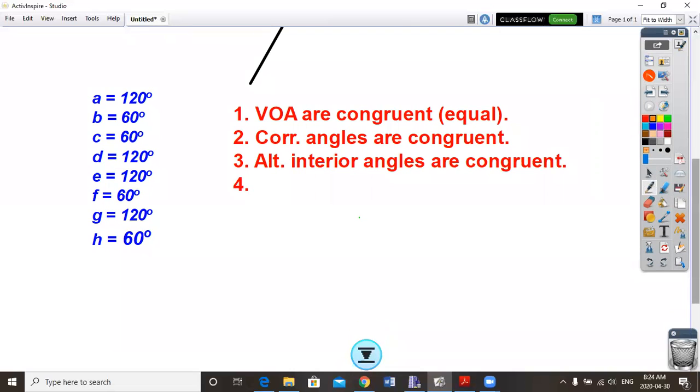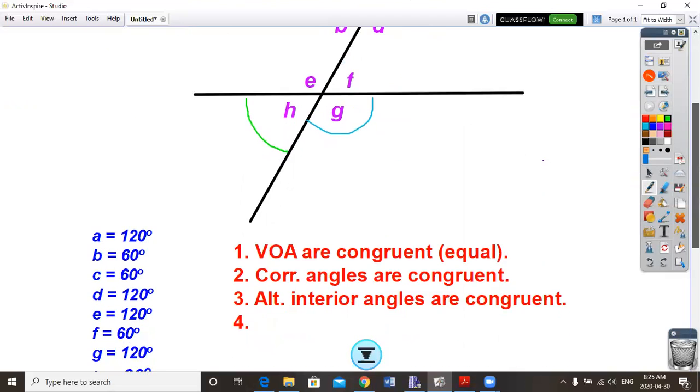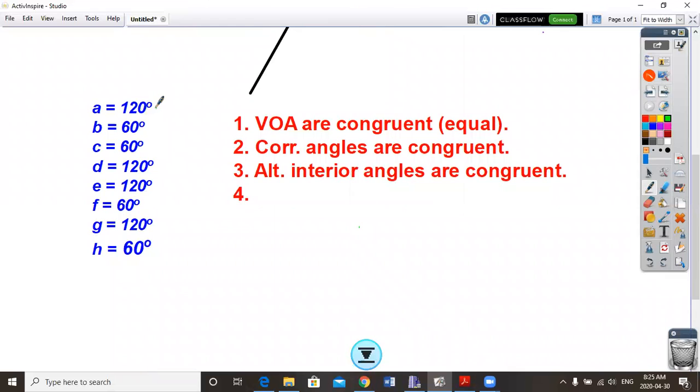So let's take a look now at the last, and those are the alternate exterior. So again, alternate exterior, first of all, have to be exterior angles. So A and C, H and G, they're exterior, and they have to be on either side of the transversal. So C is an alternate exterior angle to H, and A is an alternate exterior angle to G. So let's take a look at A and G and C and H. A is 120, G is 120.